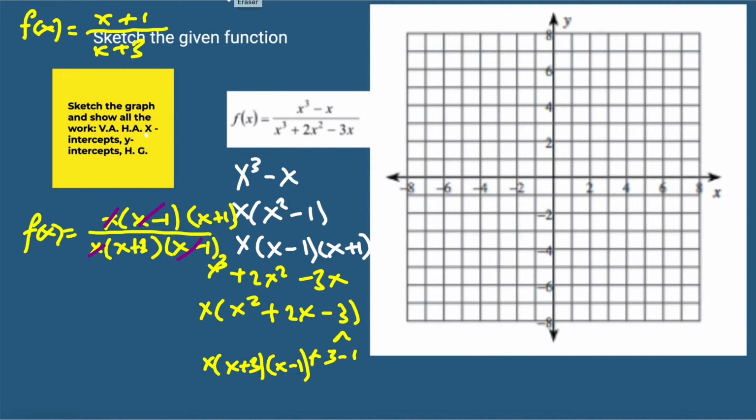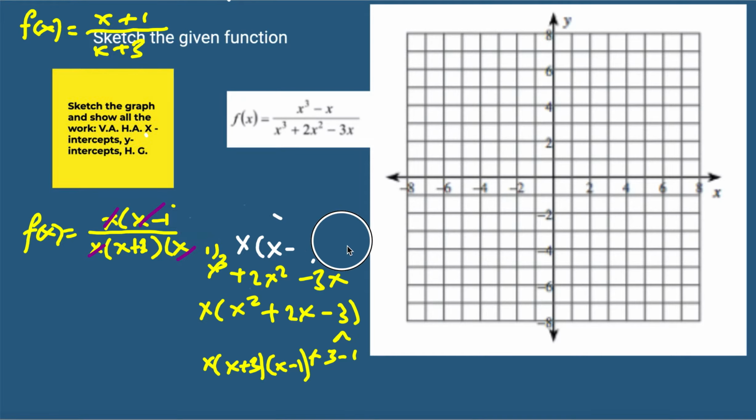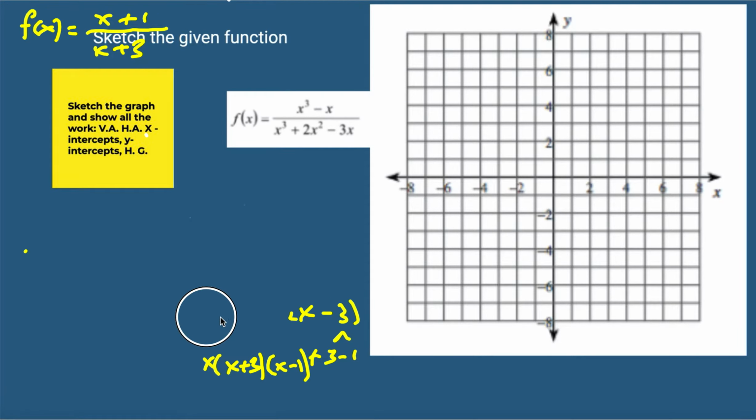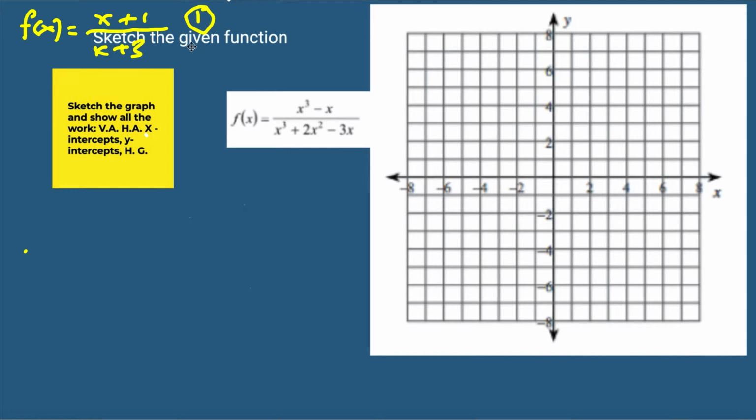But before I do, I am going to erase everything to make some space here. First, what did we simplify? We simplified the x, so we equate x with 0, and x is equal to 0.